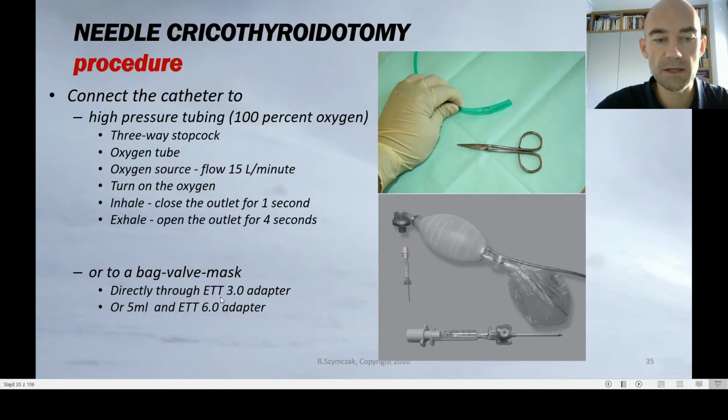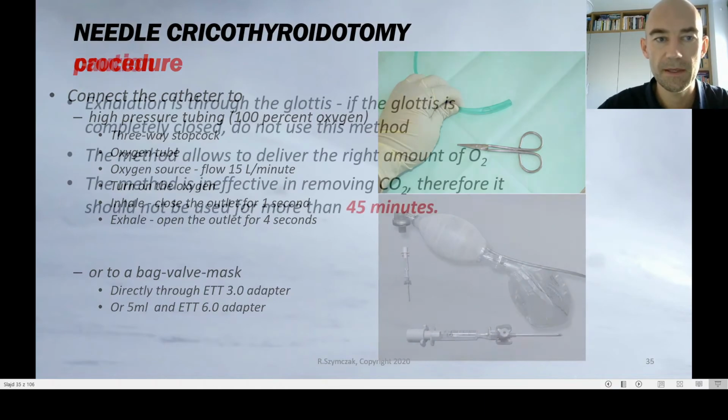So one option is to directly attach the ending of the endotracheal tube number 3 to the catheter, and then you can attach the bag and mask, the self-inflating bag, or you can attach the 5 milliliter syringe and then put the ending of the number 6 endotracheal tube. That's the second option of providing the oxygen to the lungs through the needle cricothyroidotomy.